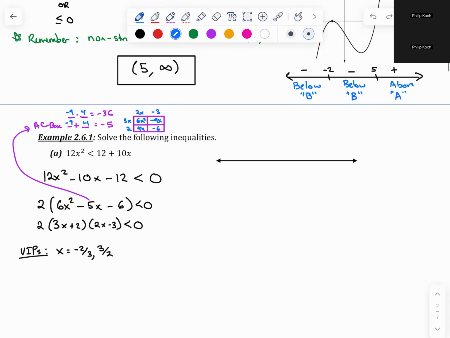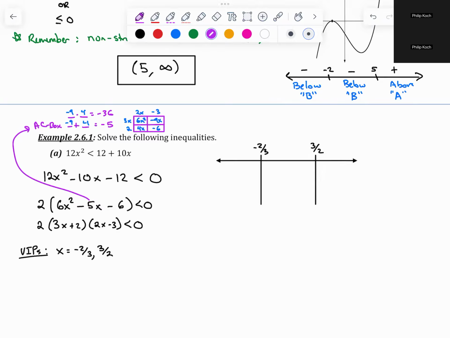So I've already put a number line here for us, and we're going to plot our VIPs on it. Oh, and I forgot to explain why this works, and I'll explain why after this. So we'll plot negative 2/3 and positive 3/2.